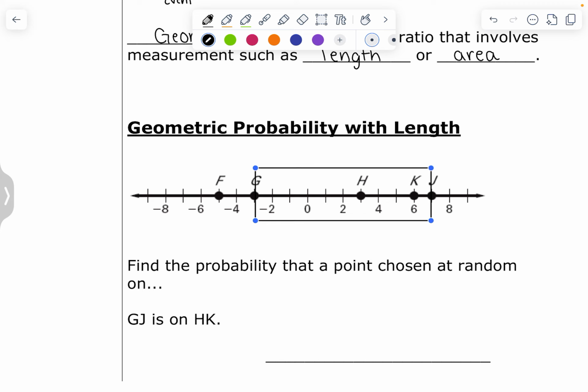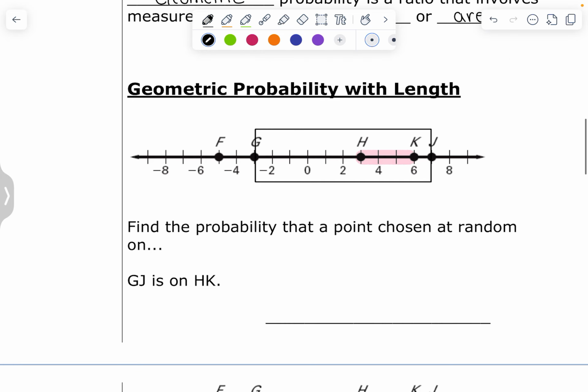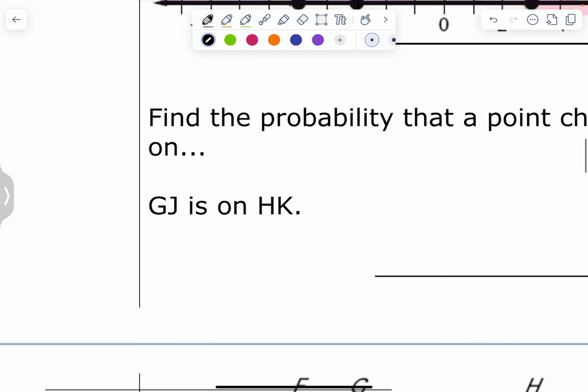And next, we're going to use our highlighter to highlight HK. So GJ represents our total possible outcomes.